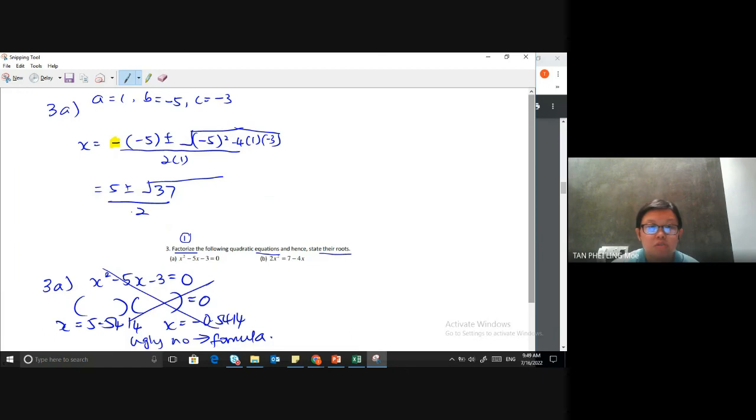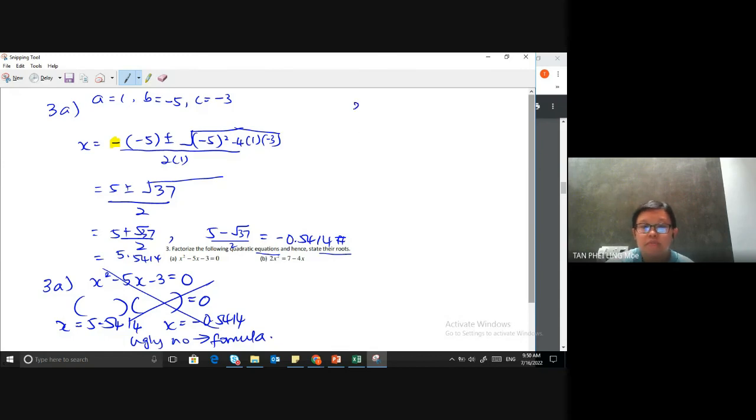So you can have 5 plus square root 37 over 2 and 5 minus square root 37 over 2. This one gives us 5.5414, and this one gives us negative 0.5414. Is it clear? So we have solved 3a.